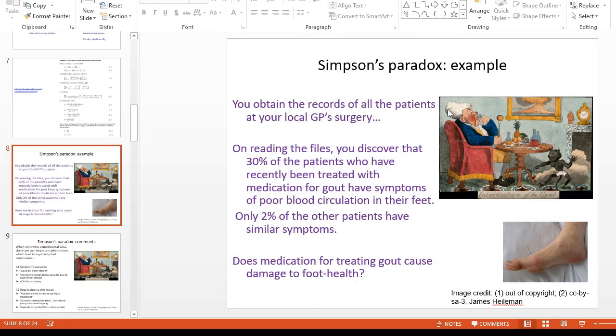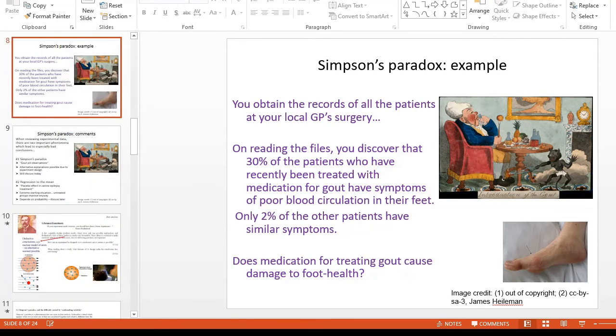And therefore, of course, even after they've been treated, they're still a little bit less well than the other patients. That's because, in terms of gout symptoms, they were much sicker before they were given the medication. But of course, the medication helps. That's what you would probably conclude, as long as you had a good faith in modern medicine.